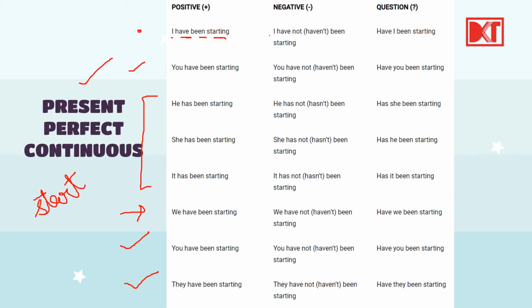Then for the negative you have the subject, have or has, then not because it is negative, been, and verb plus ing. And for question you have either have or has, then the subject, then been, and verb plus ing. Alright, so this is the formation for present perfect continuous.